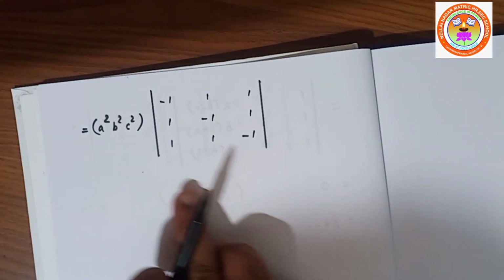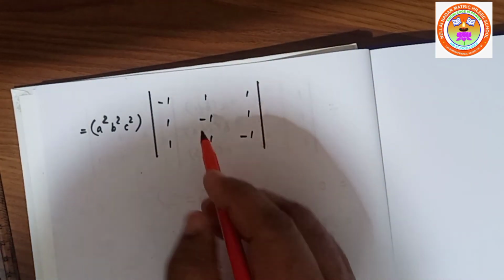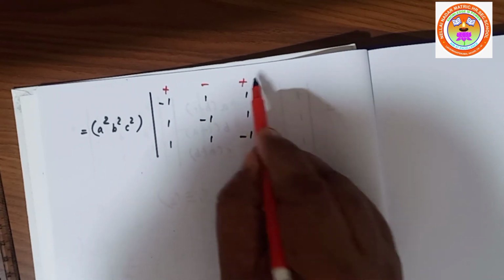Now I am going to expand the determinant. Usual expansion only, we can expand by R1. At the top of R1 you put plus, minus, plus.